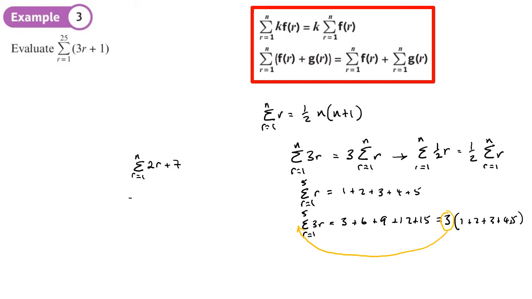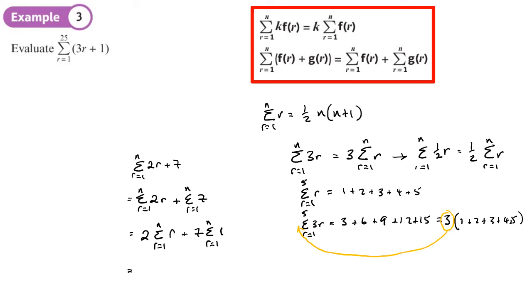Well, this is equal to the sum of the 2r's plus the sum of the 7's. r equals 1, not n equals 1. Yeah, so you can split them up like that, and then we can bring those multiples to the front. So it's 2 lots of the sum of r equals 1 to n of r plus 7 lots of the sum of r equals 1 to n of 1's.